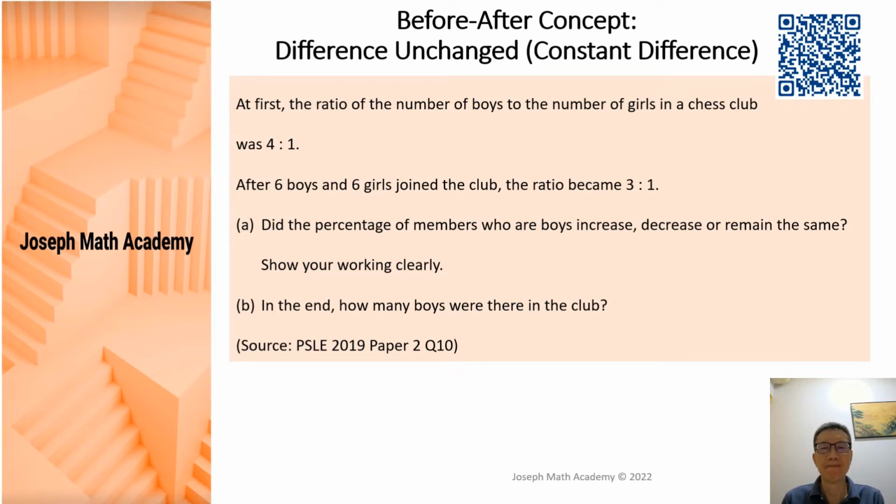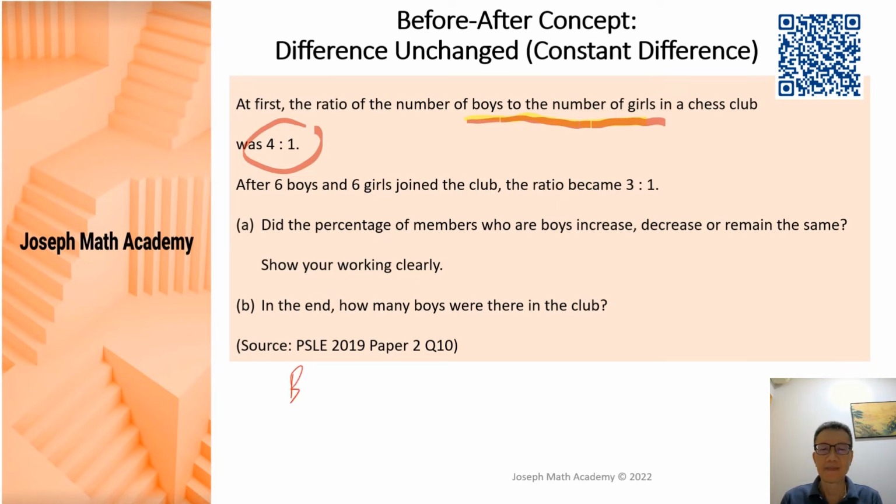At first, the ratio of the number of boys to the number of girls in the chess club was 4 to 1. So from here, we know that this is very important information. Boys to girls, 4 to 1. I'm going to write this down.